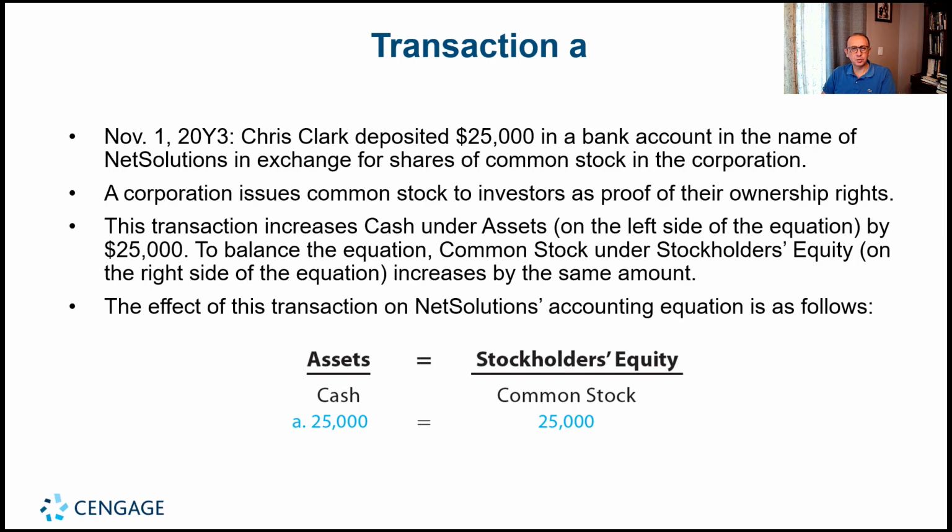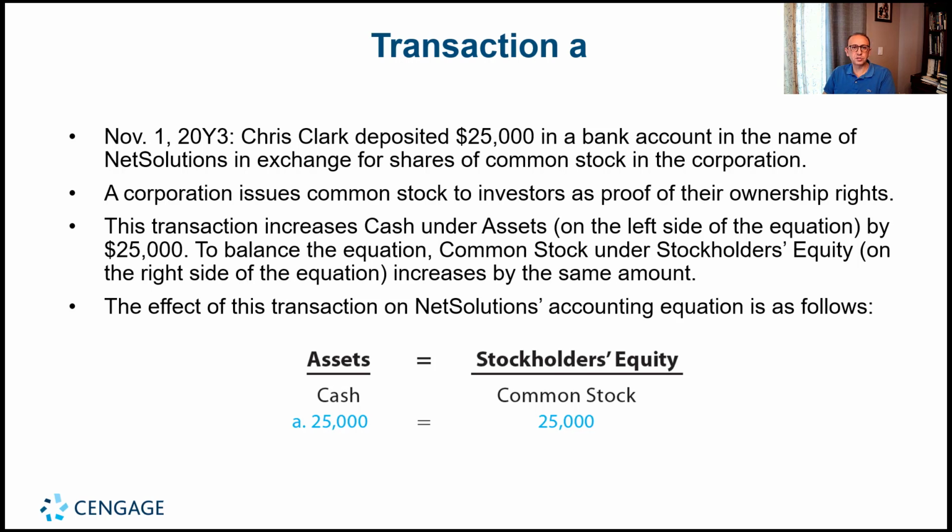The thing I want you to remember here is that Chris Clark is the owner, but the business is a separate entity, or it has its own identity. So in this case, the $25,000 invested by Chris Clark is now owned, or actually held, by the business. And Chris Clark is becoming an owner in the business who has equity in that business.